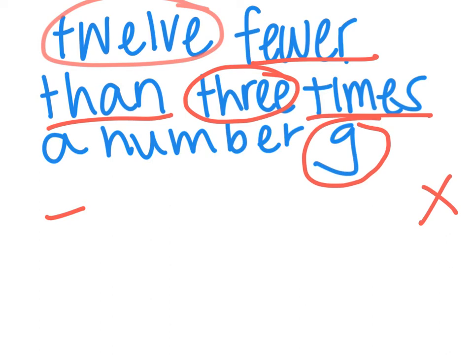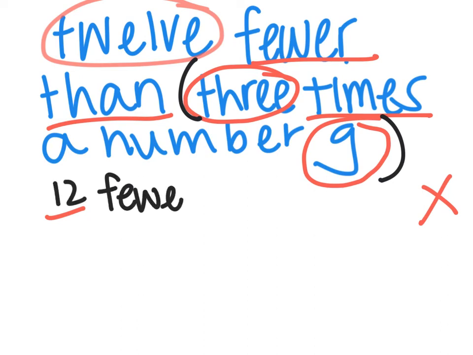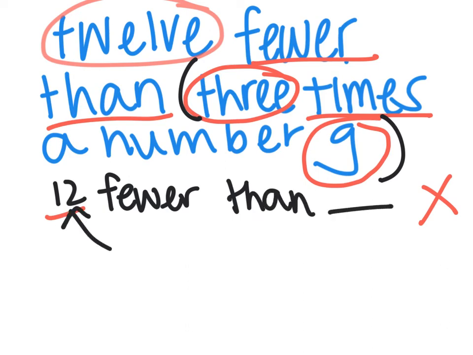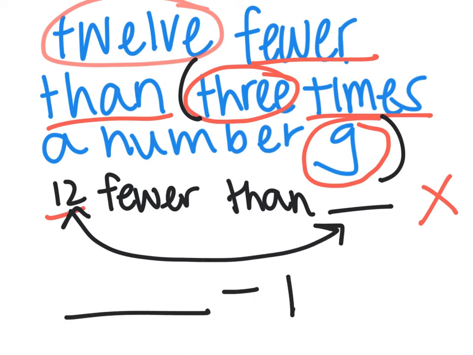12 fewer than something. So I'm just going to do 12 fewer than and group this whole part right here as something. So if I had 12 fewer than blank, whatever, we know that more than and fewer than switch the order. So I have something and 12 fewer than that.